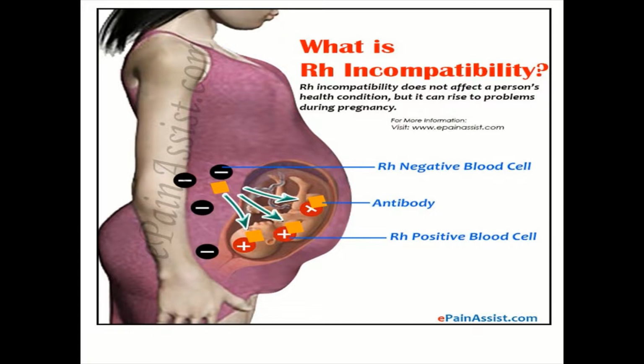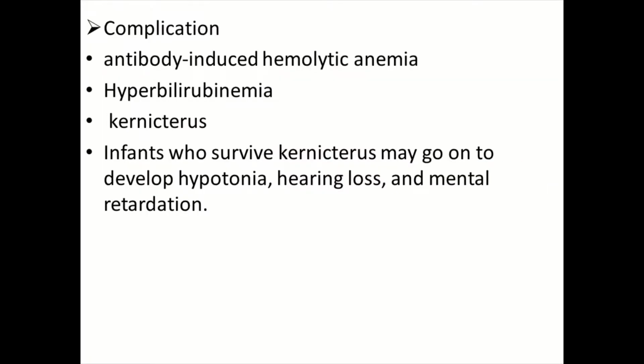These antibodies will enter the fetal circulation and damage fetal RBCs by hemolysis, resulting in fetal anemia and fetal hyperbilirubinemia, and when the fetus is delivered, it is at risk of developing kernicterus and its complications like hypotonia, hearing loss, and mental retardation.